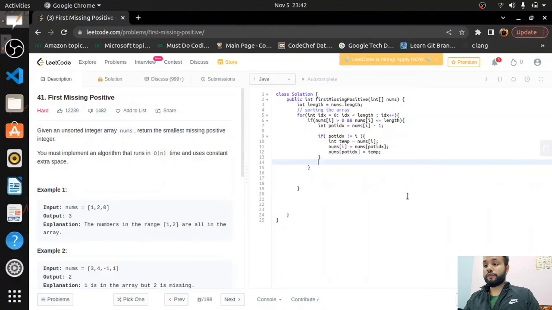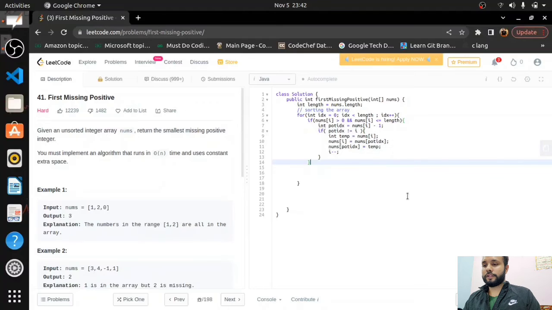And one more thing, and it is majorly important, this i minus minus. I think you can definitely figure out why I'm doing i minus minus. Try to think about it, or otherwise I will explain it at the end of the question.